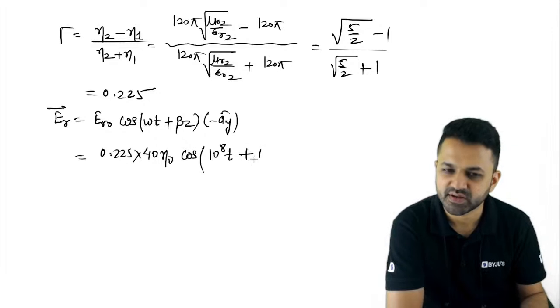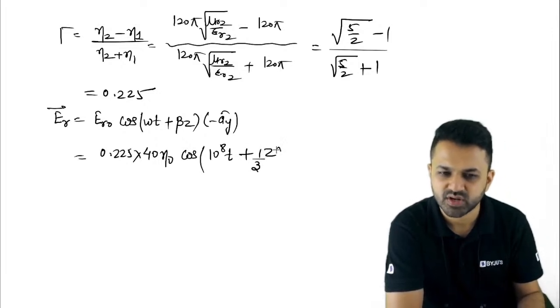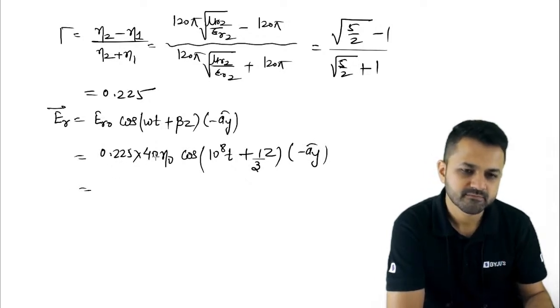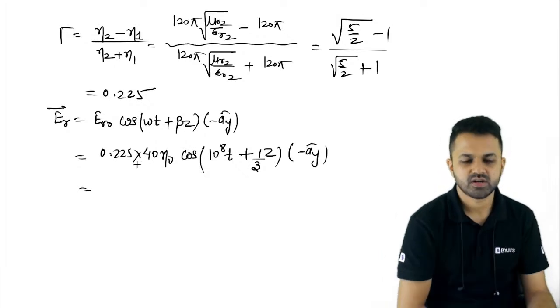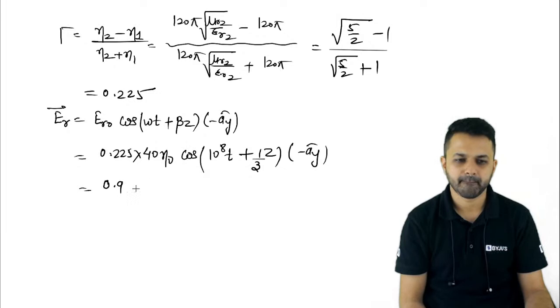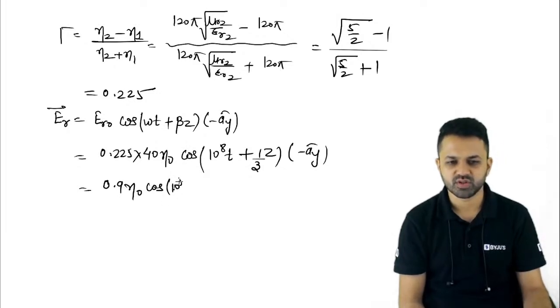So reflected wave, that means in the first medium itself, so 1 by 3 only, z and minus AY. So how much it is? 9, yes, 9 eta naught cos of 10 to the power 8 t plus z upon 3 and minus AY.